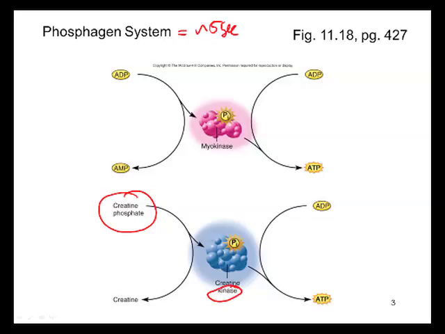Now, let's say you get done doing your 50-meter sprint in 9 seconds or 40, whatever you did. At rest, your body is then going to regenerate the creatine phosphate. Where do you think the phosphate's going to come from? ATP at rest will give up a phosphate to the creatine to make creatine phosphate.